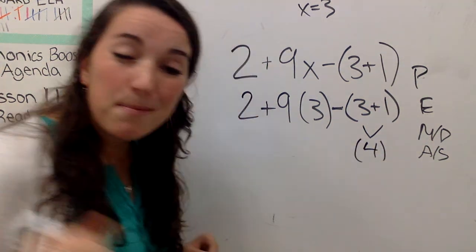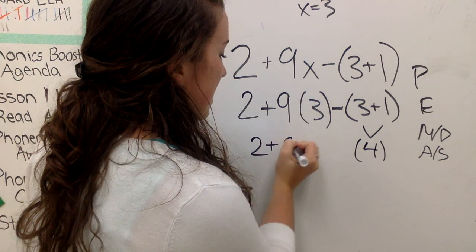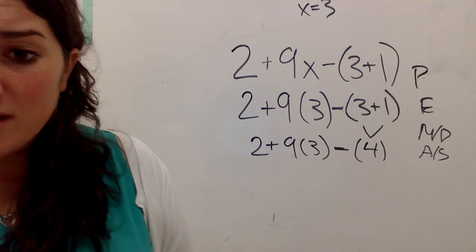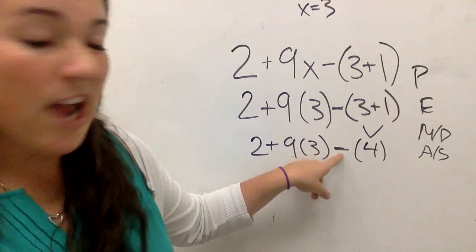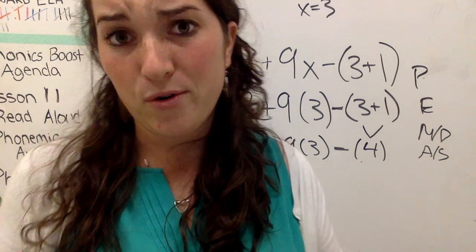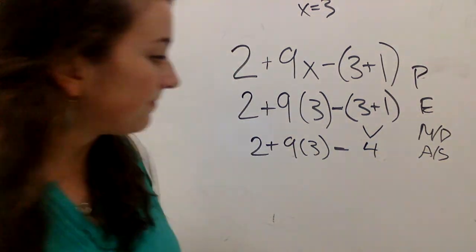I'm going to keep my parentheses and rewrite everything else the same. So 2 plus 9 times 3 minus 4. Remember when you have a subtraction sign or an addition sign next to a parentheses, that just means you keep the sign and ignore the parentheses, right? So at this point, I can even remove the parentheses.